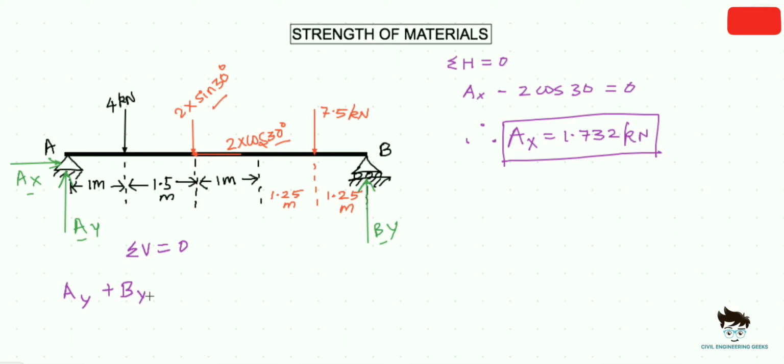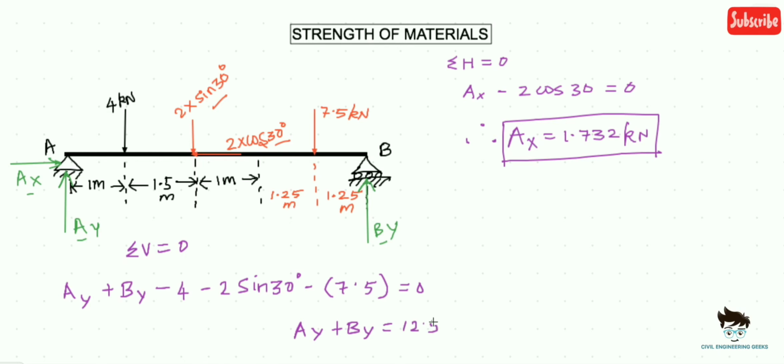So AY plus BY minus 4 kilonewton, which is acting in the downward direction, minus 2 times sine 30 degree, which is the vertical component of the inclined force, and minus 7.5, which is the converted equivalent load for the UDL. That's it, equals to 0. Now simplifying this equation, we will get AY plus BY equals to 12.5. We'll keep this as our equation 1.